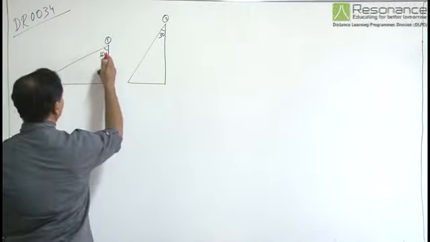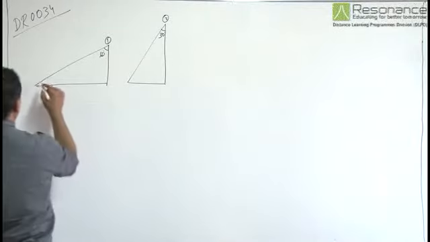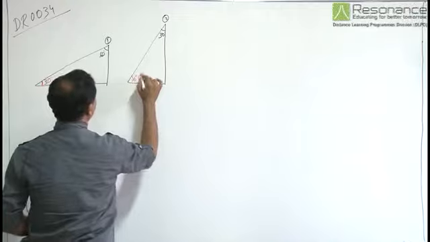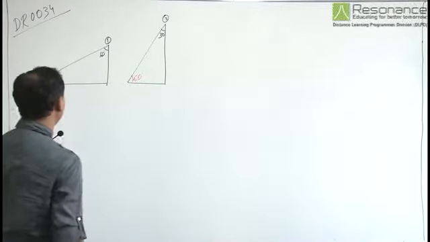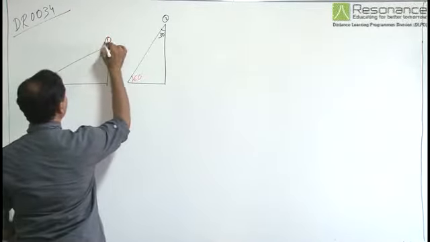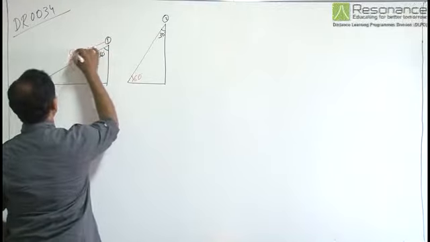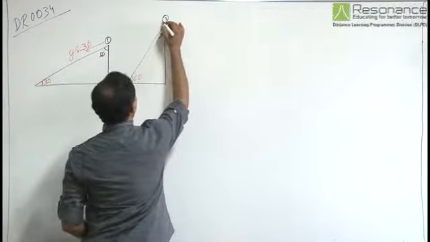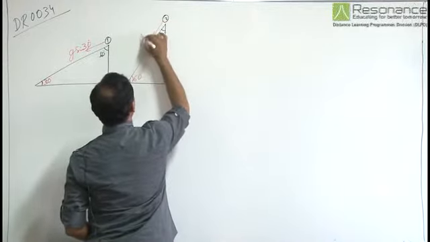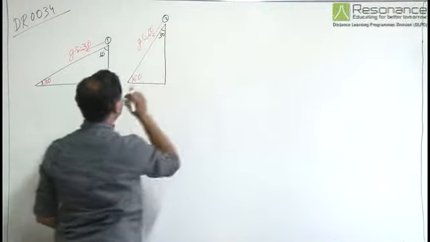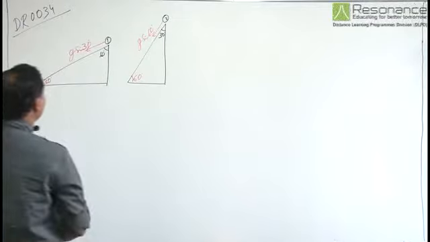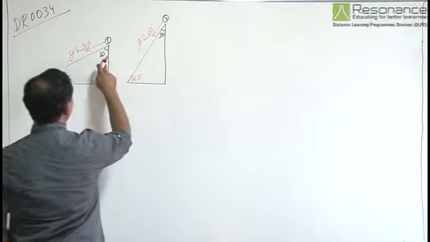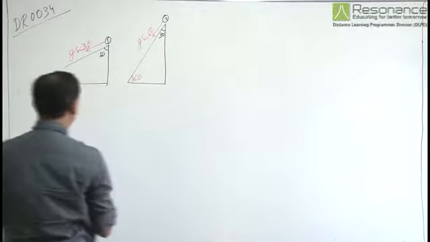As with the vertical the angles are 60 and 30, with the incline the inclinations are 30 and 60 respectively. So its acceleration is g sine 30 and its acceleration is g sine 60. So these are the accelerations, and the angles made with the vertical are 60 and 30 respectively.